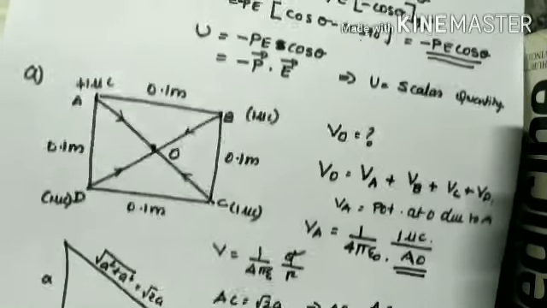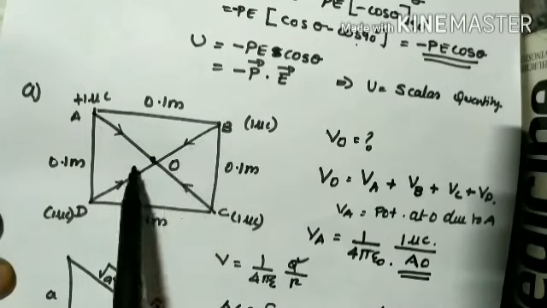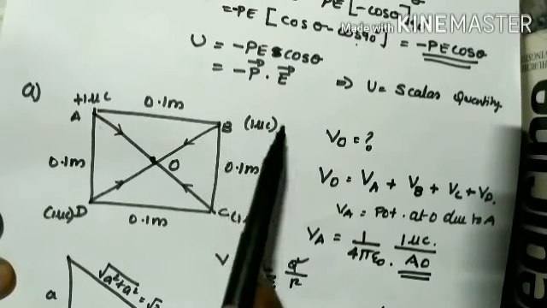What will be VB? VB is also at the same distance from O and has the same charge.